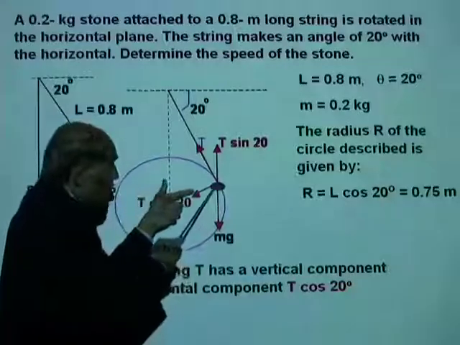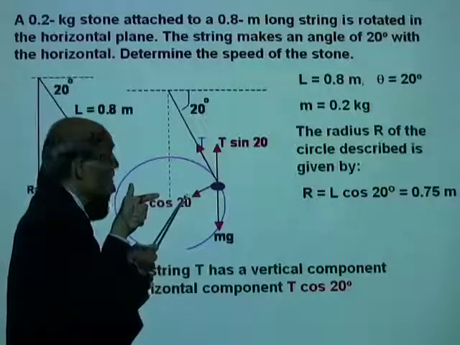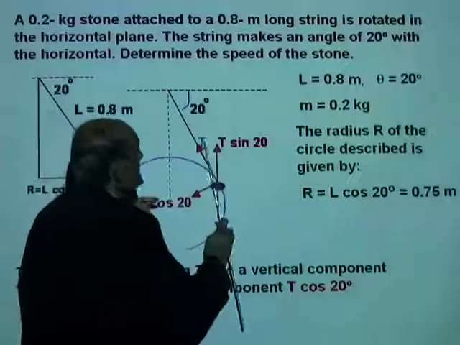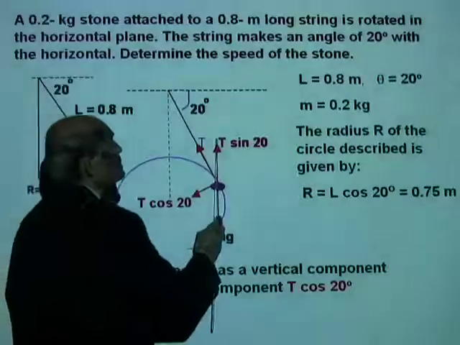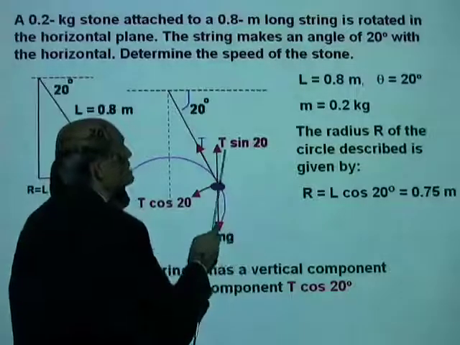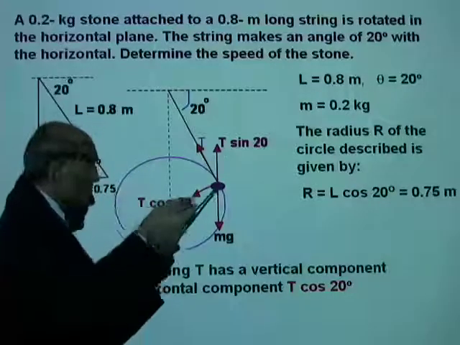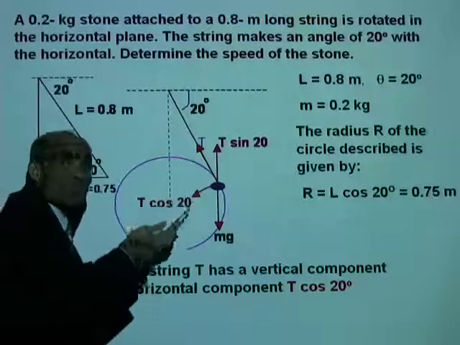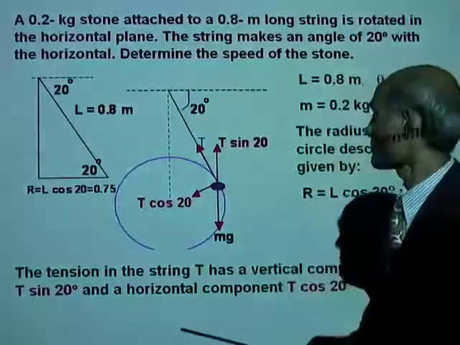And therefore, the component towards the center, the horizontal component, will be T times cos 20 degrees. And the vertical component will be T times sine 20 degrees. And it is this component that provides the centripetal force to keep that stone in circular motion.